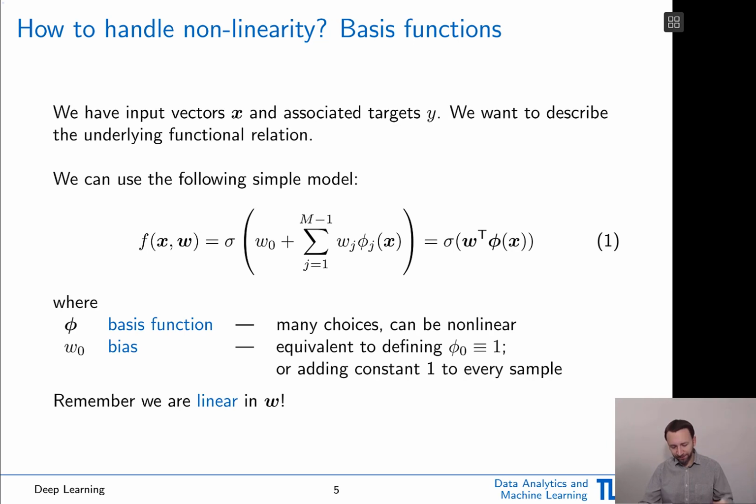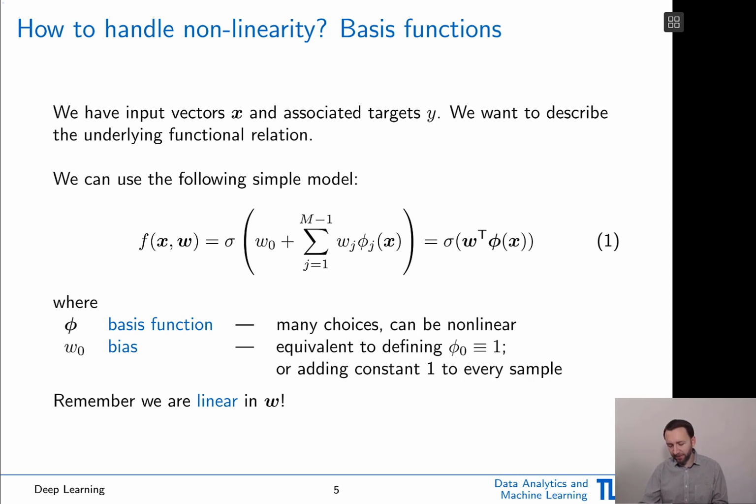Okay, so here's again just the setup. We have our input X, we have the targets Y we want to predict, and then instead of just using our old definition, where we have our parameters and multiply them with X, we now operate on the transformed data. So we have here this phi, which are the basis functions, so any kind of transformation you can imagine.